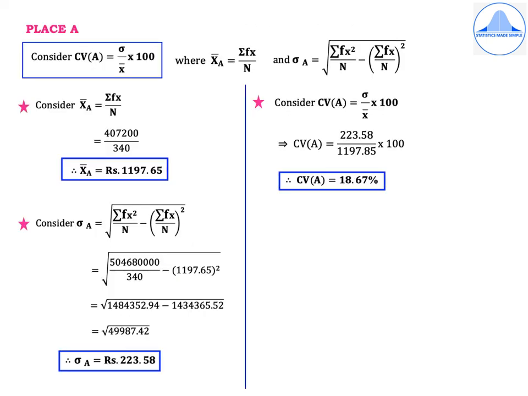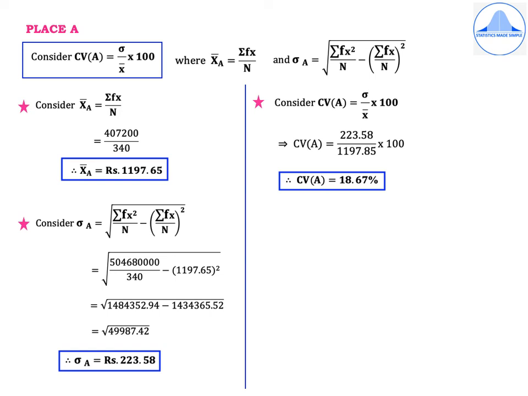Now for place A, let us calculate the coefficient of variation. So CV of A is sigma by x bar into 100, where x bar A is equal to summation fx by capital N and sigma A is root of summation fx square by capital N minus summation fx by n the whole square. So write the mean formula, substitute the values, and you will get x bar A as rupees 1197.65.